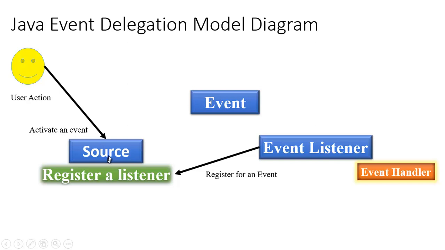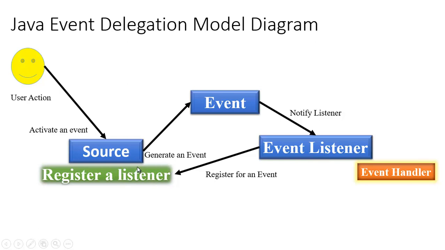So when a user clicks on this button, the source is going to generate an event object. It's going to create an event object that describes what is the change in its state. That information is placed in this particular event. This event object is then delivered to the listener, provided that listener has already registered with the source.